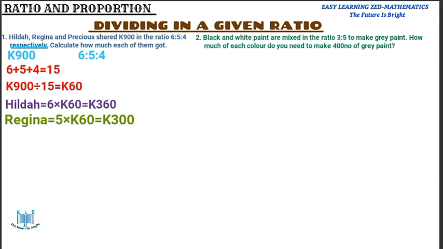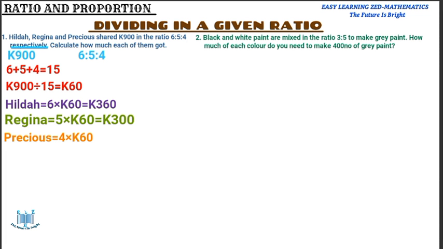Okay, let's find out how much Precious got. The shares of Precious are 4. So Precious got 4 shares, which means we multiply 4 by the worth of one share, 60 kwacha.